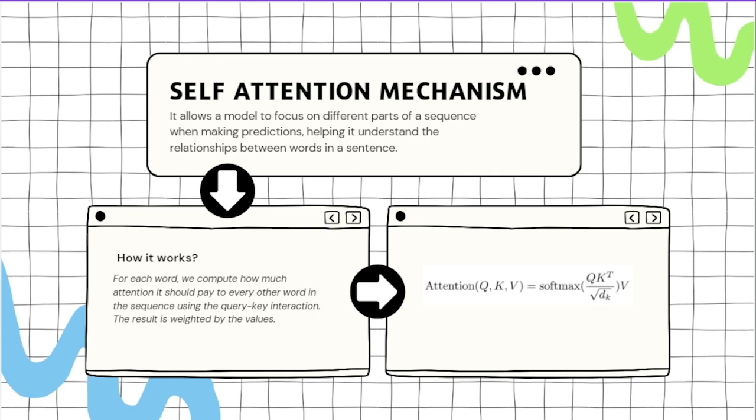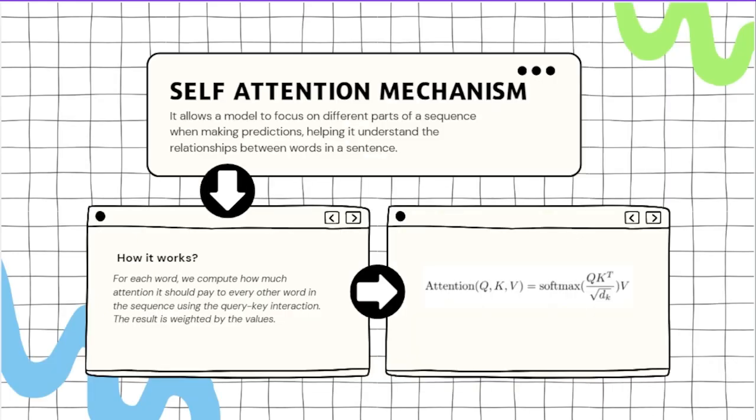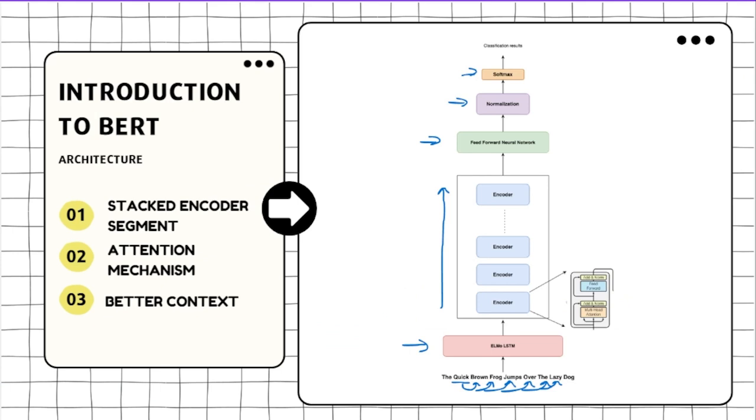So suppose in the previous example, when we said quick, quick is the word or the query in the formula. And K is the key vector, and this key vector basically contains information about the other words that do not include quick. So in the previous example, quick was the query and the rest of the words are the K vector.